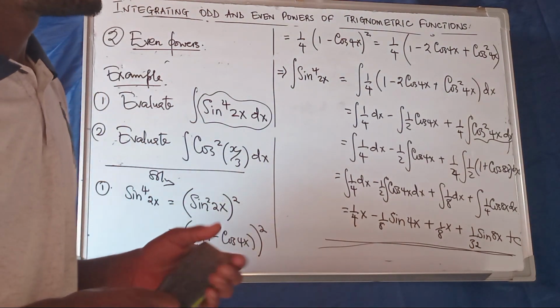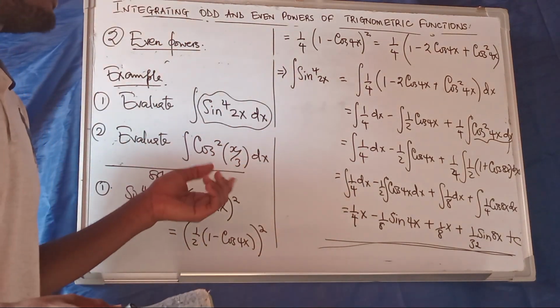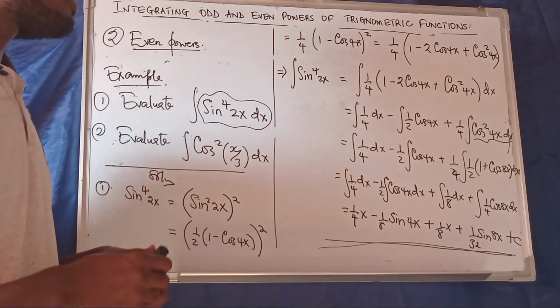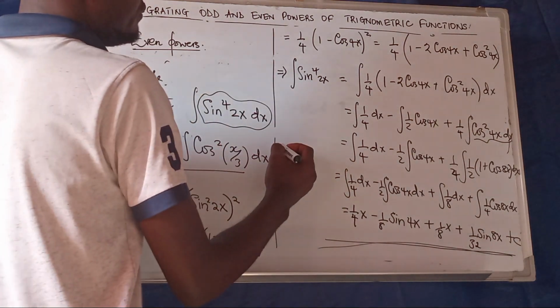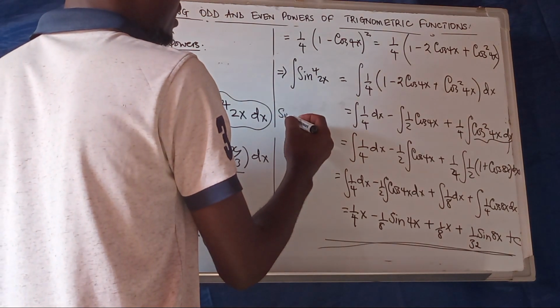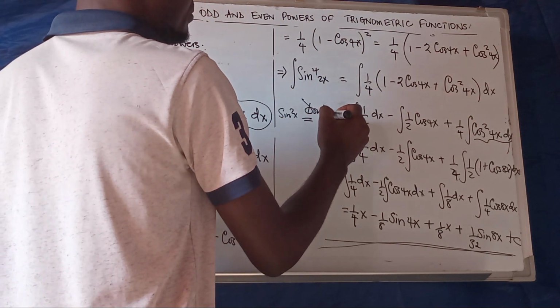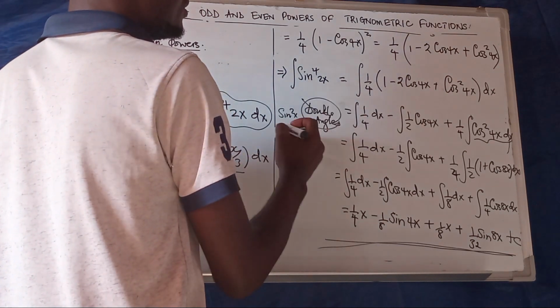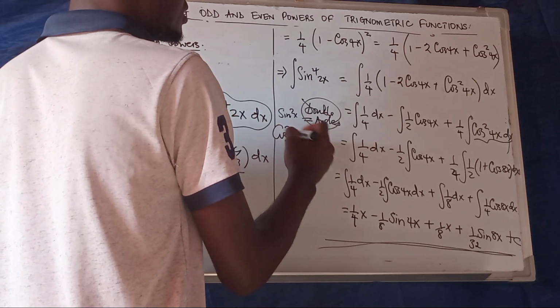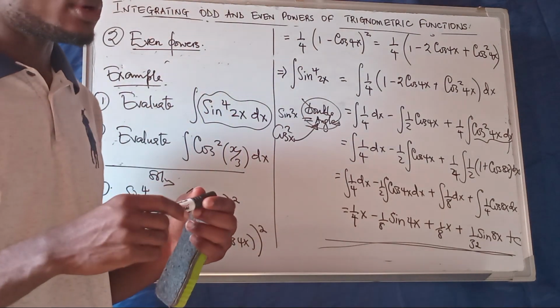So when you are dealing with even powers, the trick is just knowing the equivalence of sine squared x in terms of double angles, as we have talked about earlier in the video, and cos squared x the same, expressing it in terms of double angles.